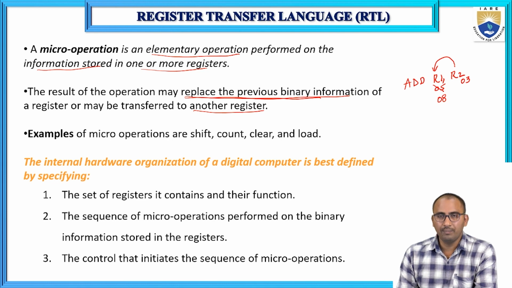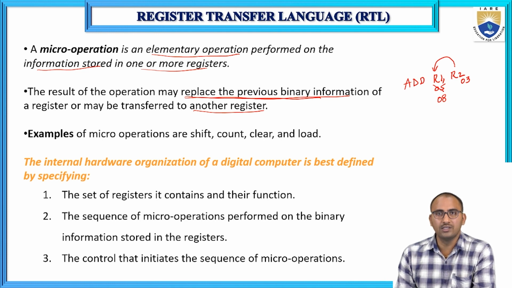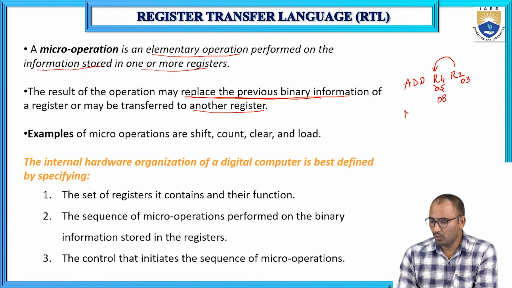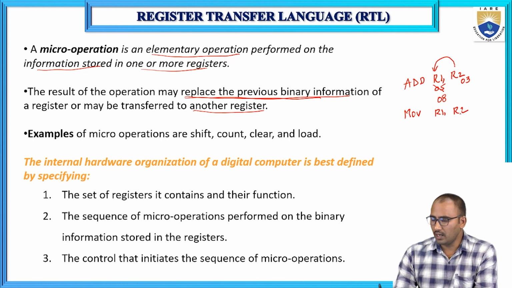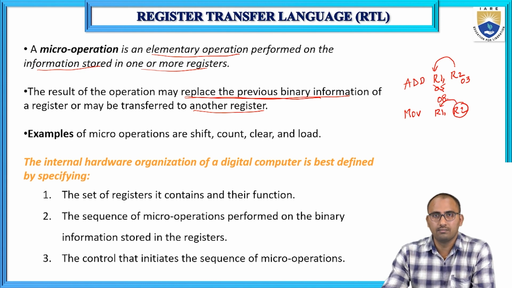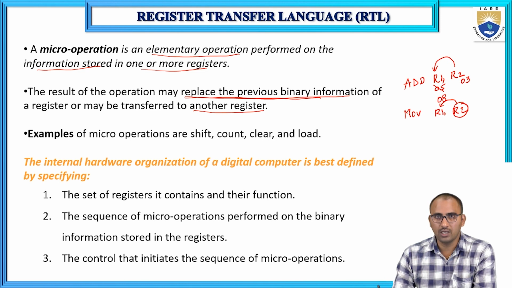Another one is, after performing some micro operation, we can transfer the data to another register. That is like MOVE R1, R2. Here the contents of the R2 register we are copying to the R1 register.